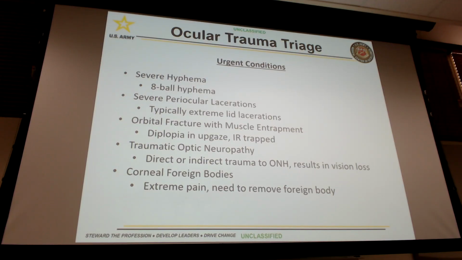Okay? So severe hyphema, severe periocular lacerations. So we're thinking like lid lacerations involving the lacrimal system, so more nasal lid lacerations. Those are going to be urgent conditions. Orbital fracture with muscle entrapment.